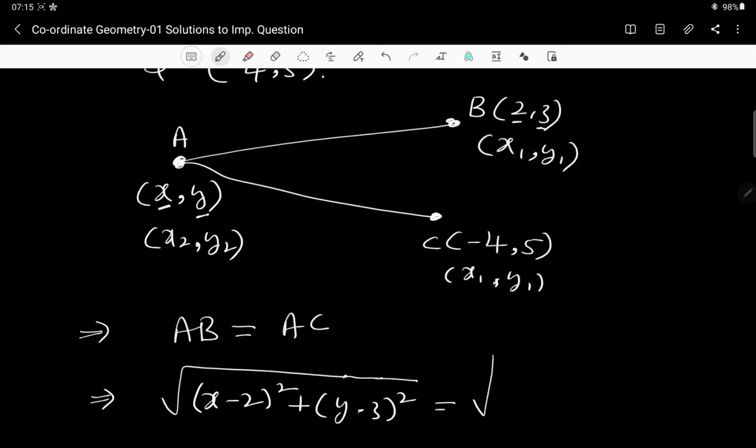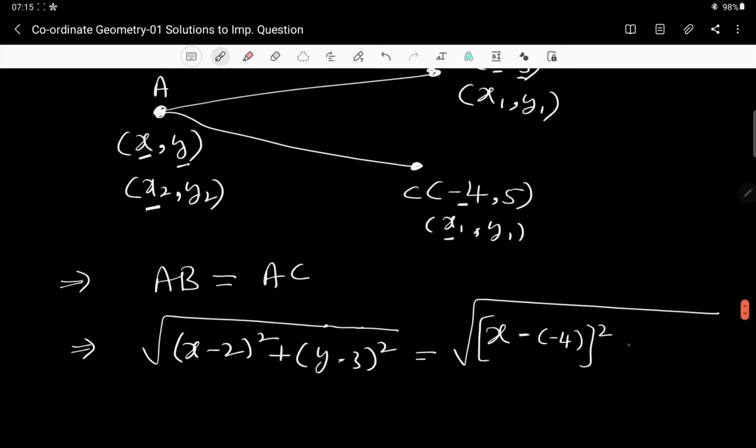And that is equal to AC, under root, x2 is x, and x1 is minus 4, minus of minus 4, then whole square, correct, no? Plus (y2 minus y1) whole square, y2 is again y, y1 is 5, so (y minus 5) whole square.